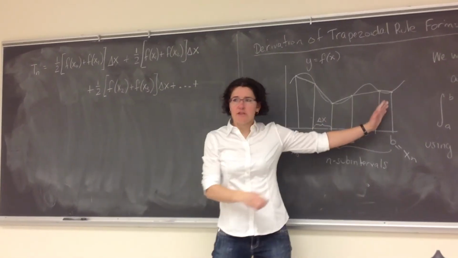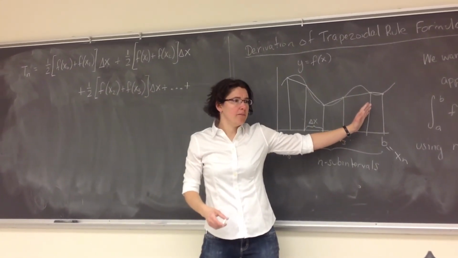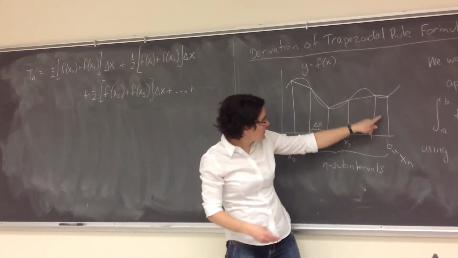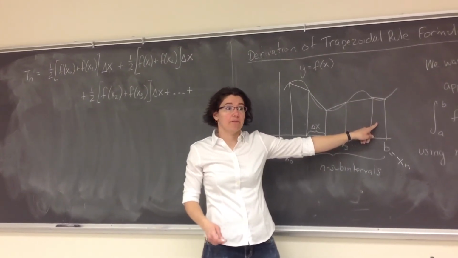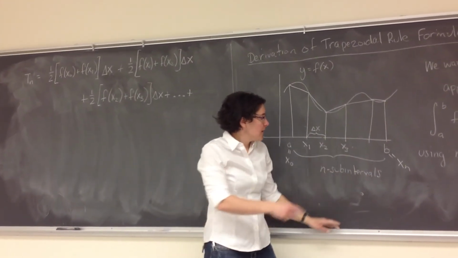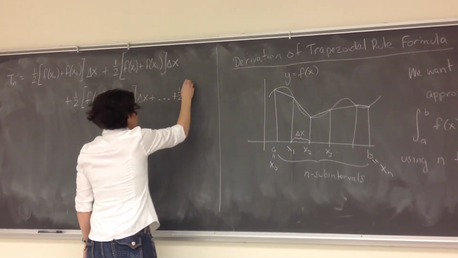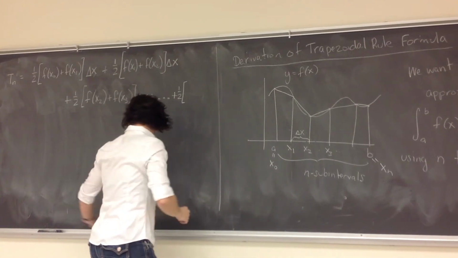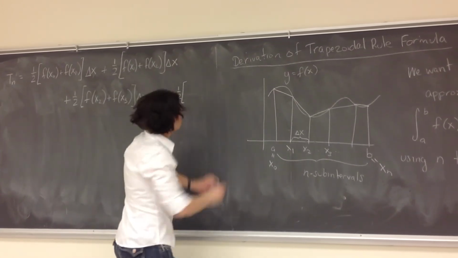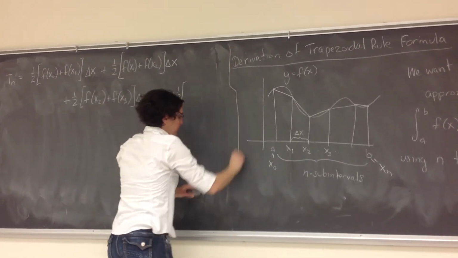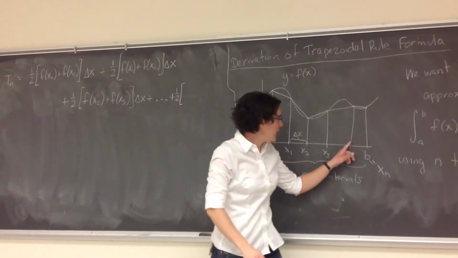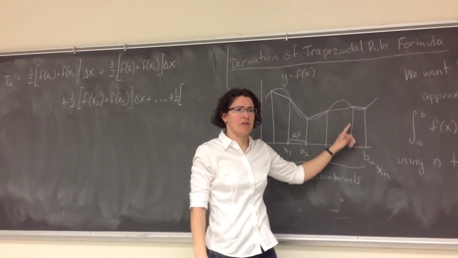And so we have a whole bunch of these trapezoids here in the middle. And then let's go over to our very last trapezoid over here. Our last trapezoid will have area that is 1/2 times all right, this left-hand side over here.